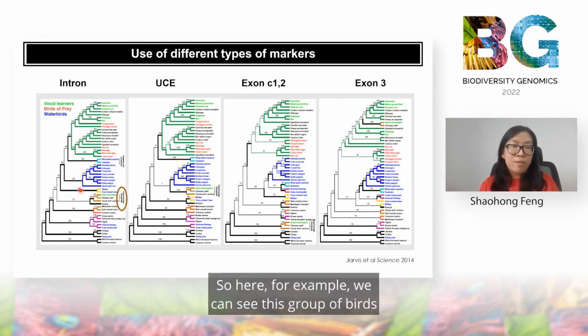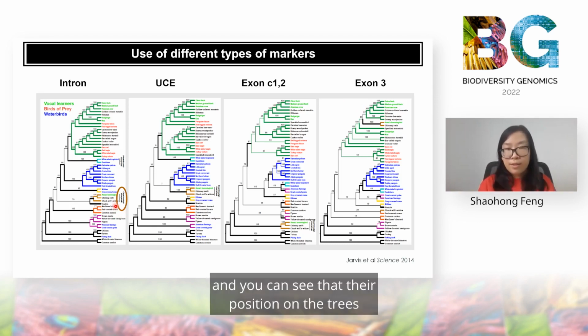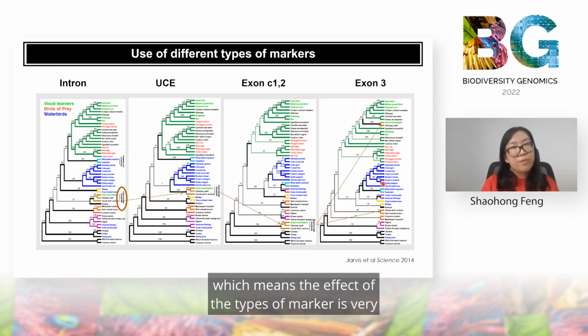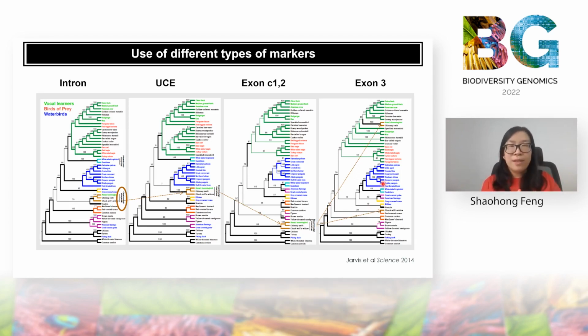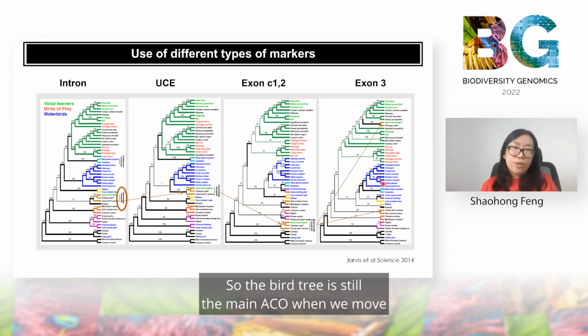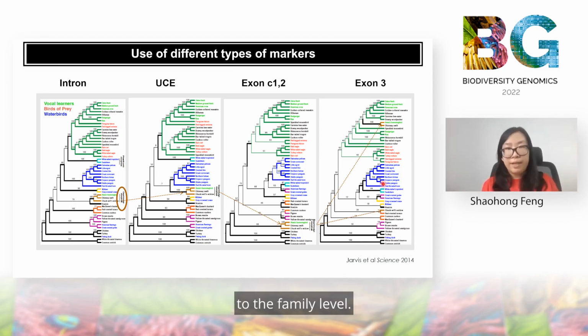For example, we can see this group of birds, and you can see that their position on the trees changed a lot when using different markers, which means the effect of the type of marker is very significant when we're building the tree for birds. So the bird tree is still the main issue when we move to the family level.